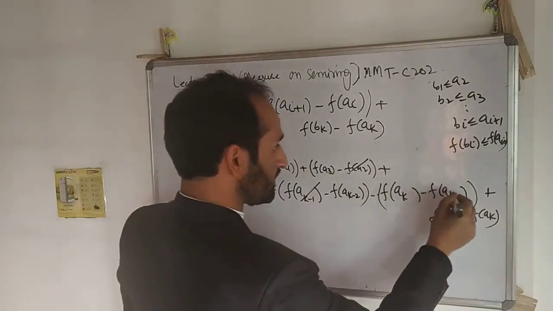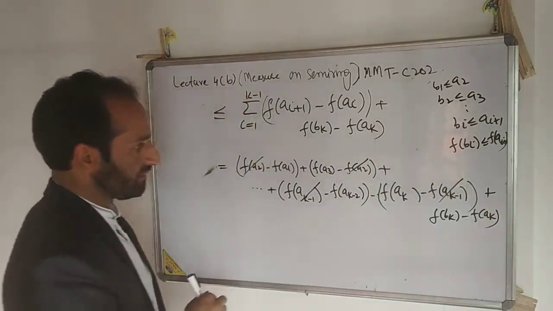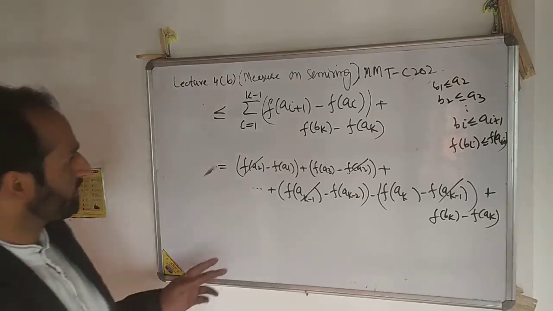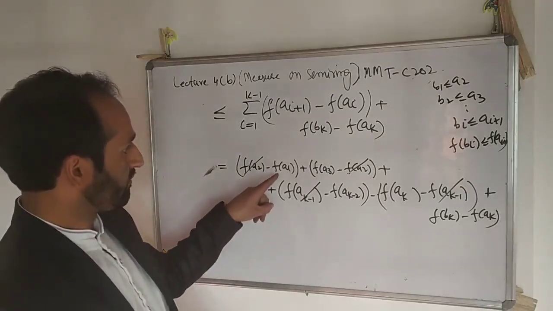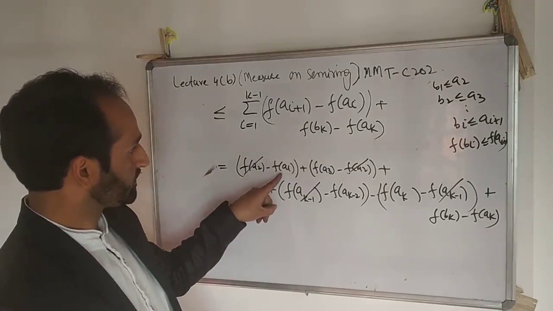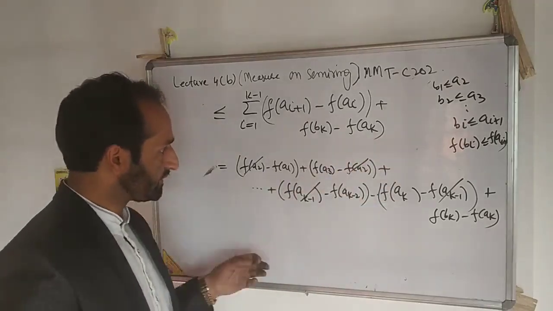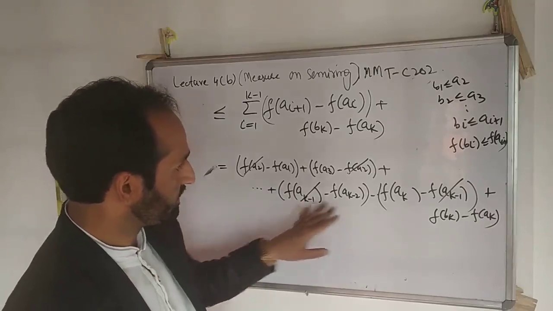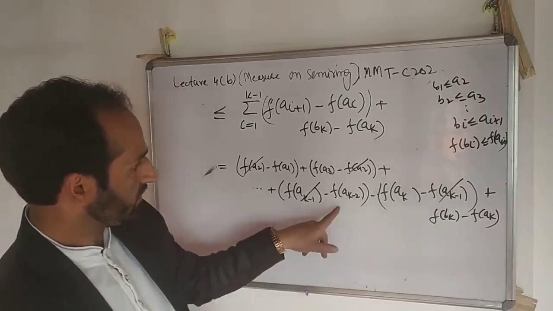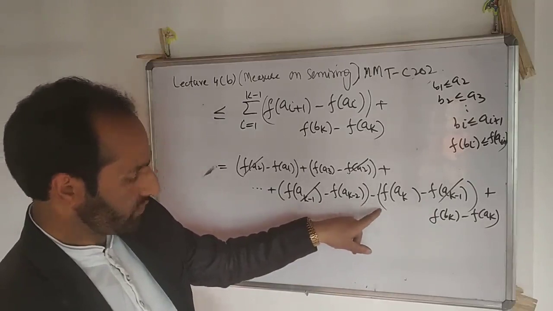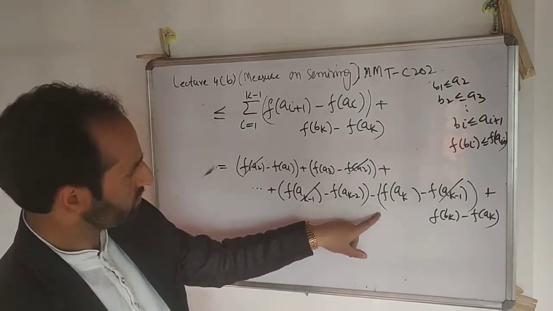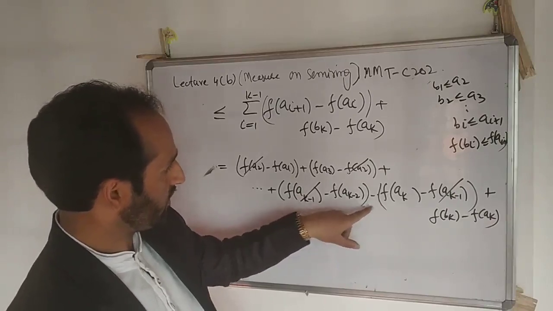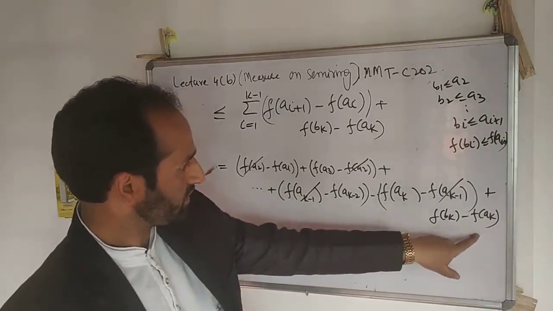This will go with this, and we have here what remains: f of a1, and then f of a3 will go with the next term, and f of a(k-1) will go with this term, and f of ak will go with this term.